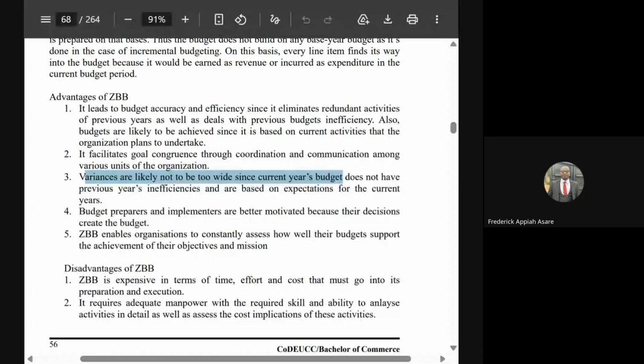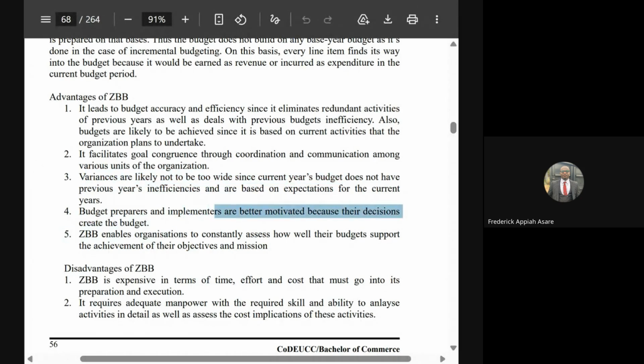Since you did all the necessary analysis, you might not need a lot of variances because you adjusted for it before adding it up.